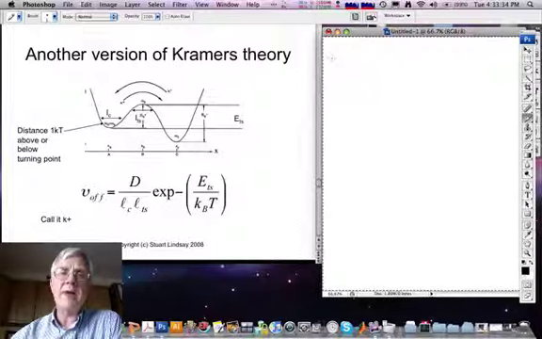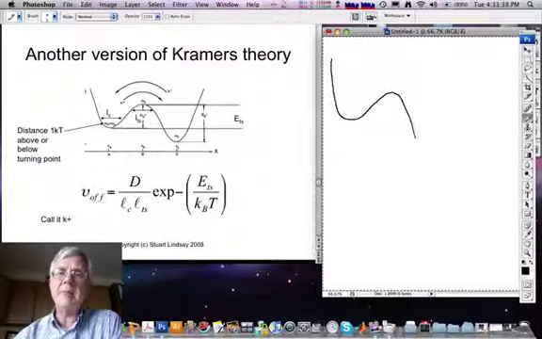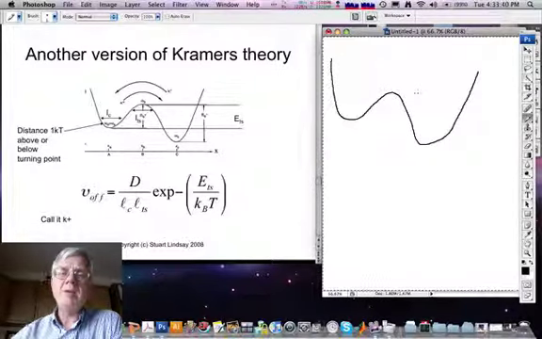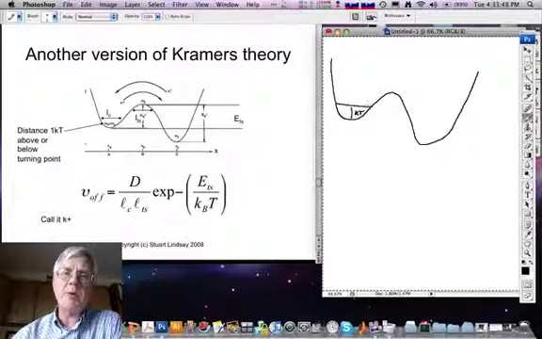Another way to characterize this potential, completely analogous to what Kramers did, is to look at the distance 1 kT above the bottom of the well and ask what the width of the potential is at this point, or 1 kT below this saddle point, and ask what the width of the potential is at this point. It's equivalent to specifying the curvature, and so calling this L_C and this L_TS for transition state.